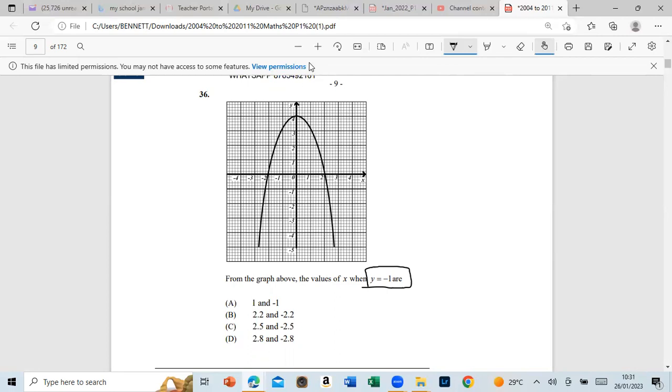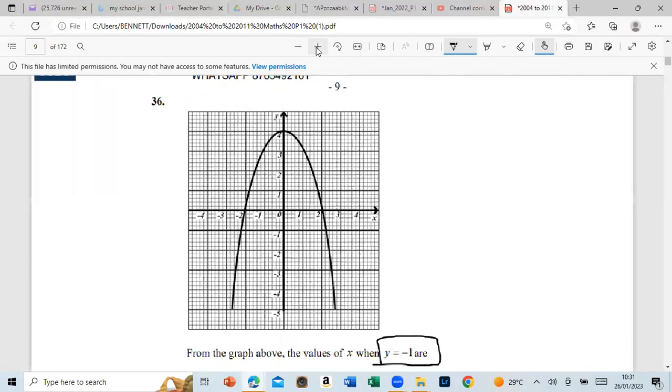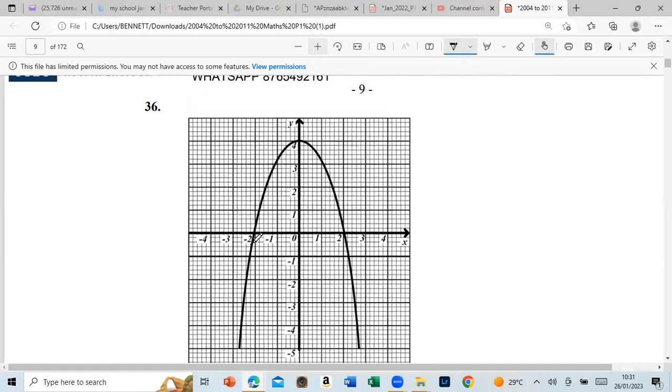I'll probably have to zoom in a bit. So it's the intersection right here. We put the graph. So this is the line y equals -1. Remember, it runs across when y equals a value, right? Alright, so it's right here, and right here.